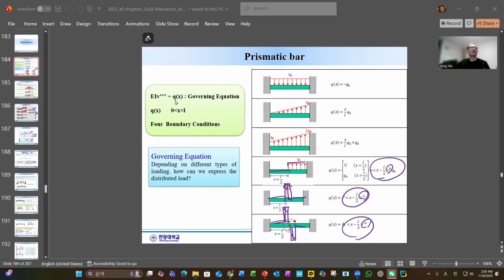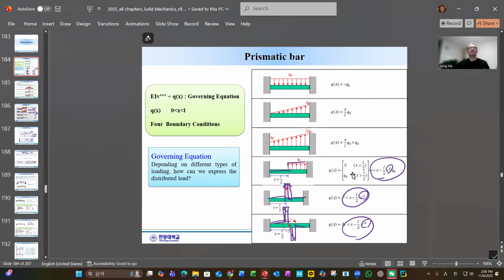But again, the external force, which is the distributed load, has to be in the Carboni equation. So we should be able to express all kinds of vertical load in terms of a distributed load. That's why we need a singularity function.